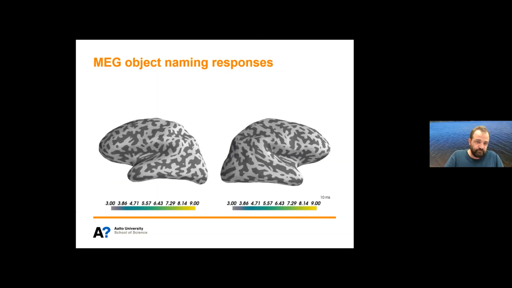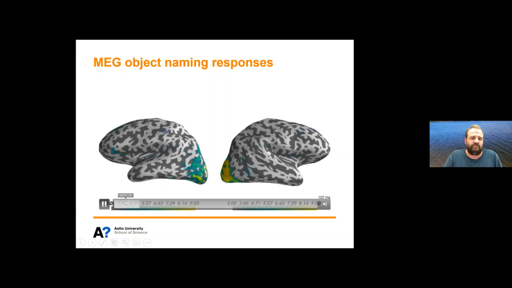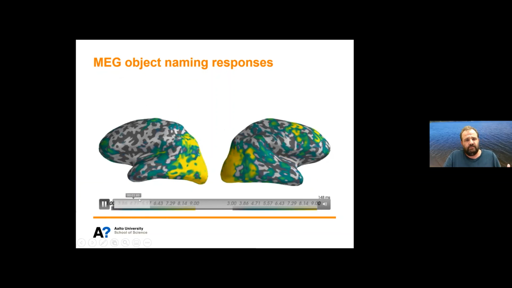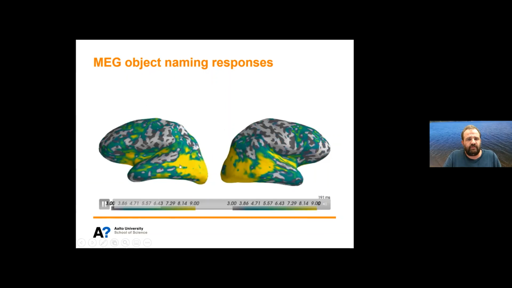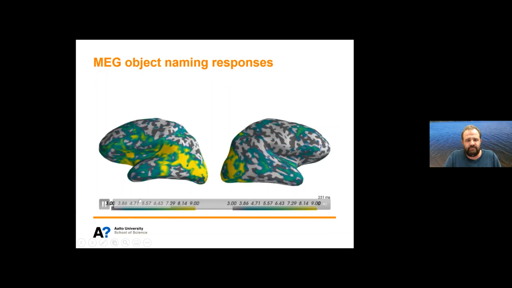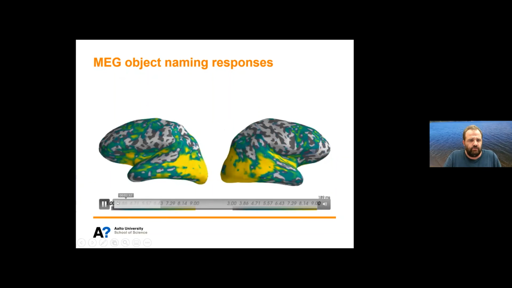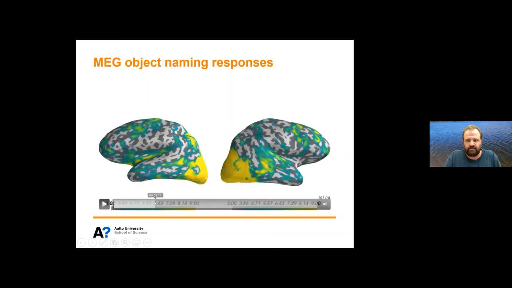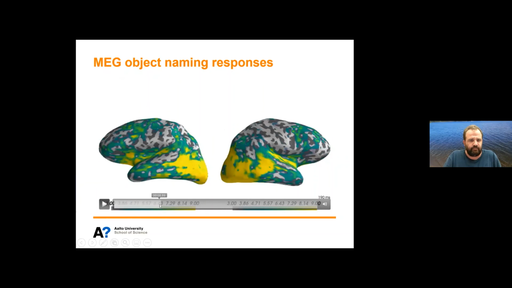An example I can give: by using MEG, we have an image, the subject responds. Here we see the different areas that are involved at different times. I can show here at, let's say, 80 milliseconds, we have this activity.